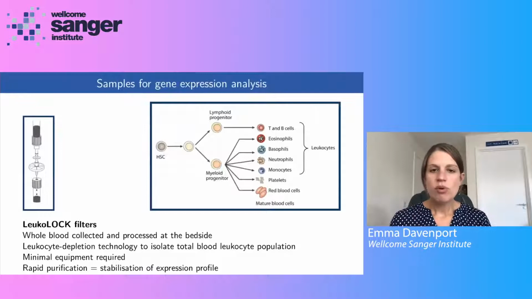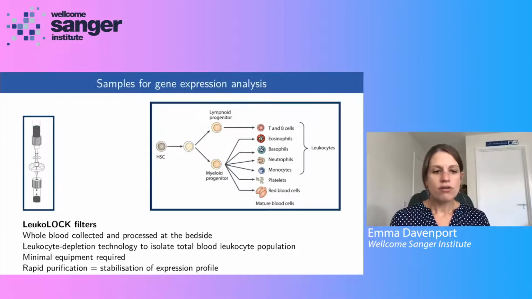So just a little bit more information about the cells that we're going to be looking at in terms of the gene expression. We've been using LeukoLOC filters as a way of collecting whole blood and processing it very rapidly at the bedside. As I mentioned, it's very challenging to conduct research studies in the ICU, because these patients are very severely ill and there's not necessarily access to a lot of equipment for processing blood.